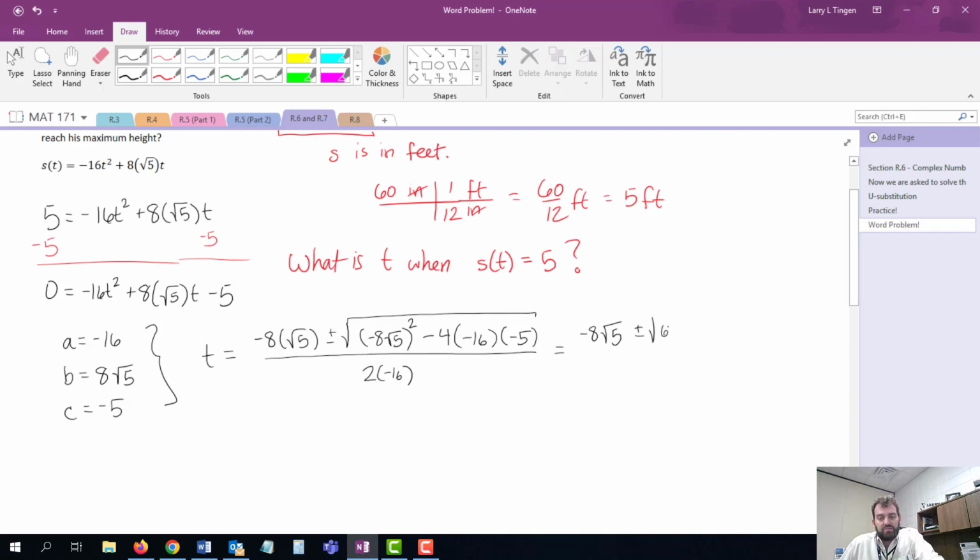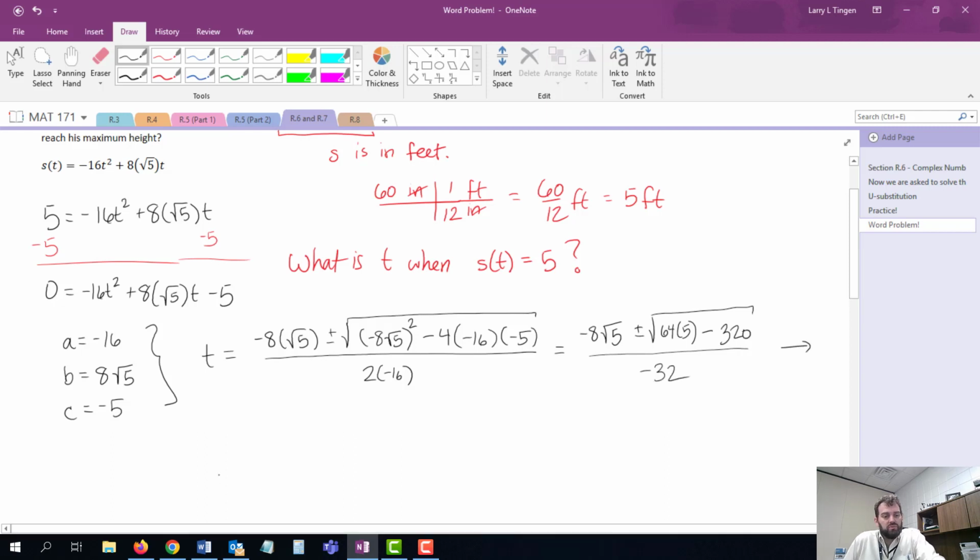So this is 64 times 5 minus 4 times negative 5 is negative 20. Negative 20 times negative 16 is positive 320. And then the denominator is going to end up with a negative 32.